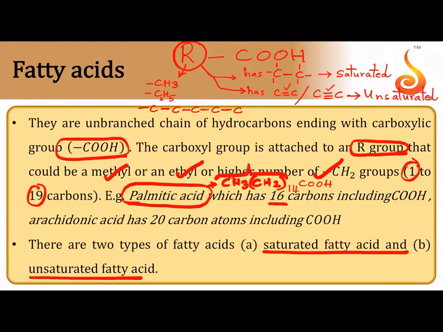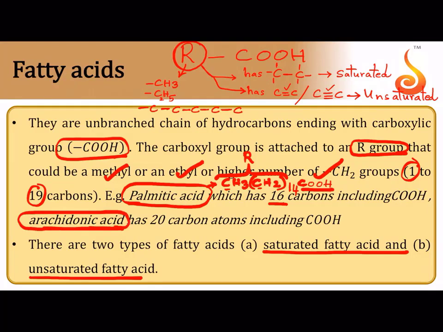Obviously the CH3 and CH2 is the R group, and you can see that there is an acid group. Let us count the number of carbon atoms. This is CH2 in brackets 14. So 14 plus 1 plus 1 carbon, that is 16 carbon atoms. Similarly, there is an unsaturated fatty acid that is called arachidonic acid.